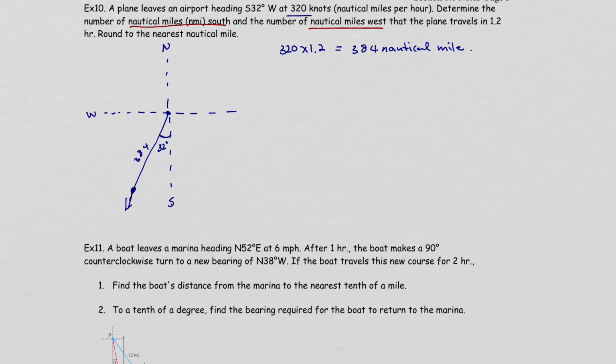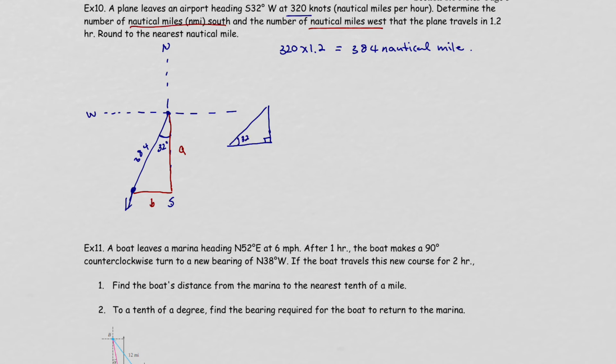And they want you to find the south nautical miles, so they want you to find this, and west, that distance. So if you draw this as a right triangle with the right angle on the bottom, you're going to have 32 degrees here.